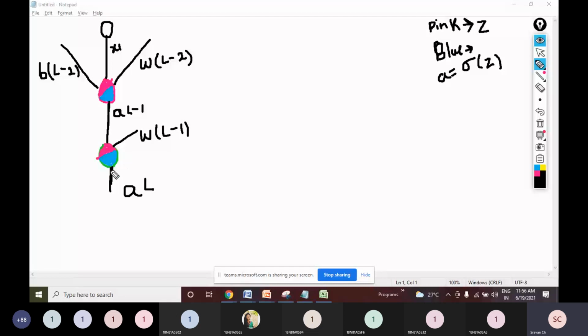For L minus 1, weight will come from L minus 2. For L minus 2, weight should come from its previous layer, L minus 3, like that. This is my starting node, and this is A of L, the last node, so the weight for this last node should come from L minus 1. Similarly, another input I will get is B of L minus 1. This is how I represent my inputs to various units, and A of L is my final output.